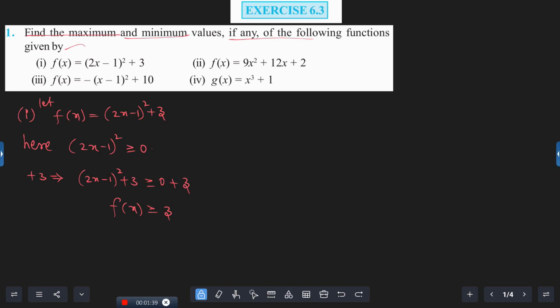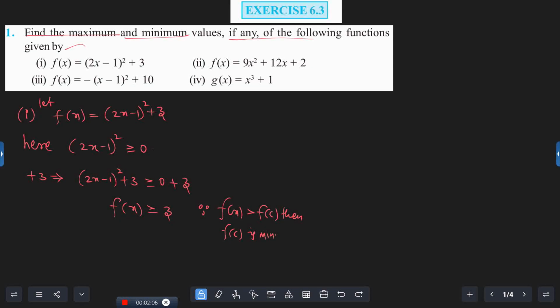So 3, which side do we have? Greater side or smaller side? Smaller side. Now what is this 3 called? Minimum value. So since you can mention that f of x is greater than or equal to f of c, then f of c is the minimum value.